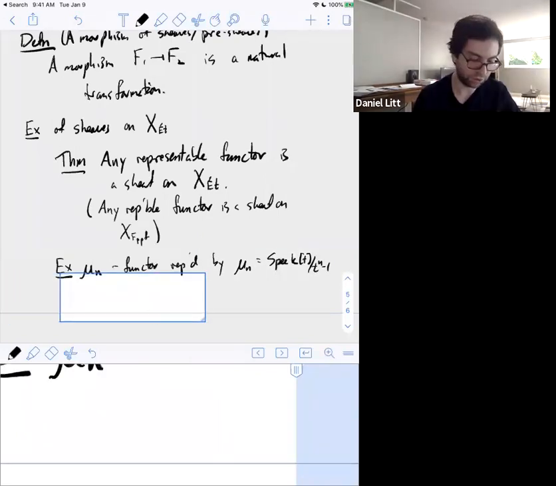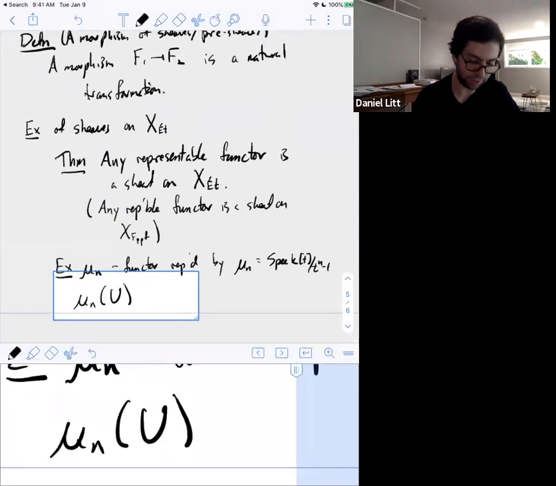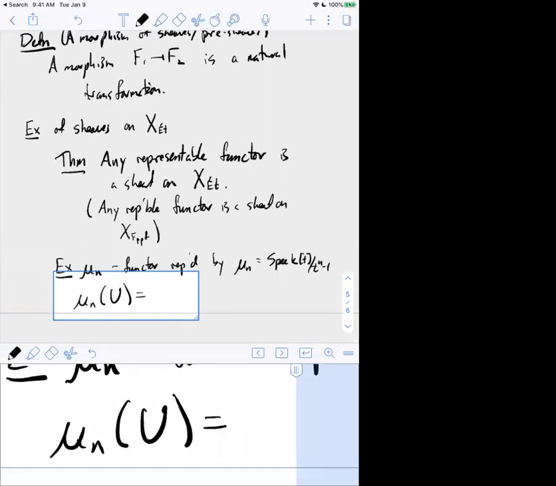Right. So how do you evaluate mu_n on some X scheme U? Can anyone tell me what its values are in a concrete way? It's the nth roots of unity.